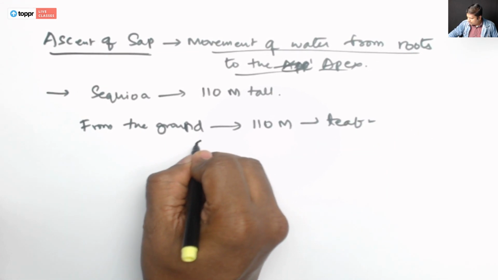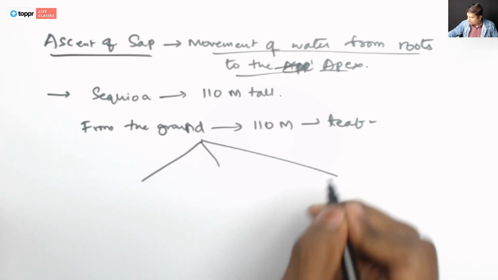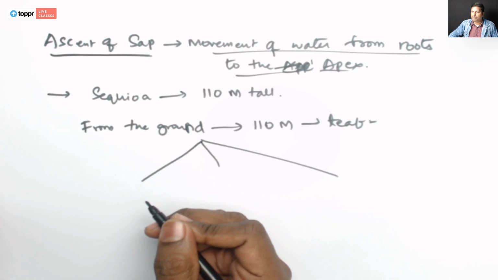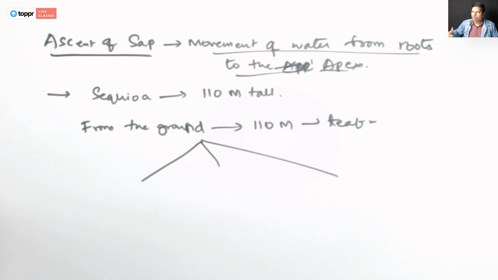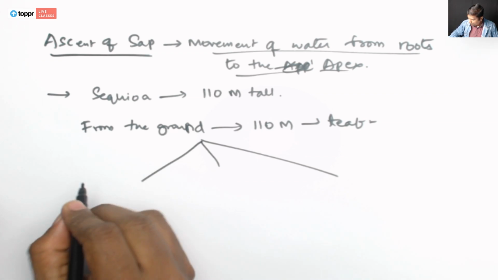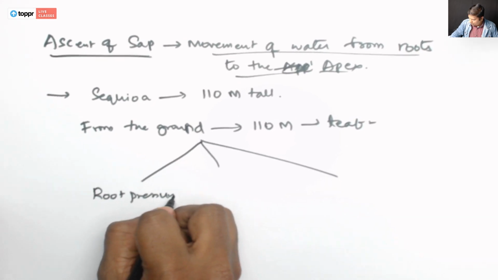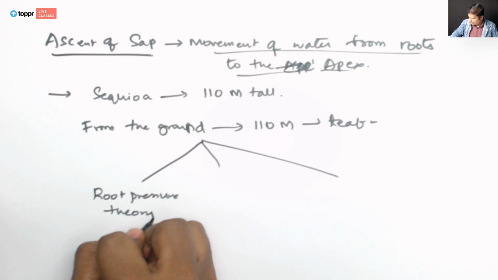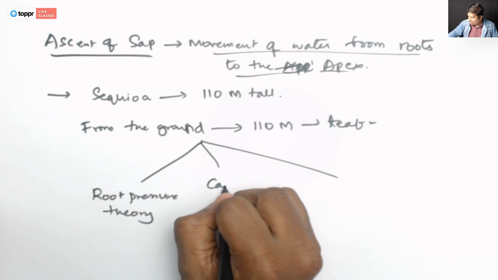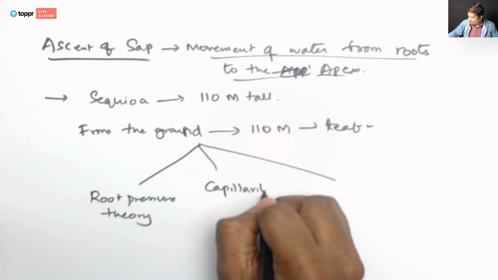There are three theories which have been proposed to explain how the water actually moves from the bottom to the top. The first one is the root pressure theory. Then you have the capillarity theory.